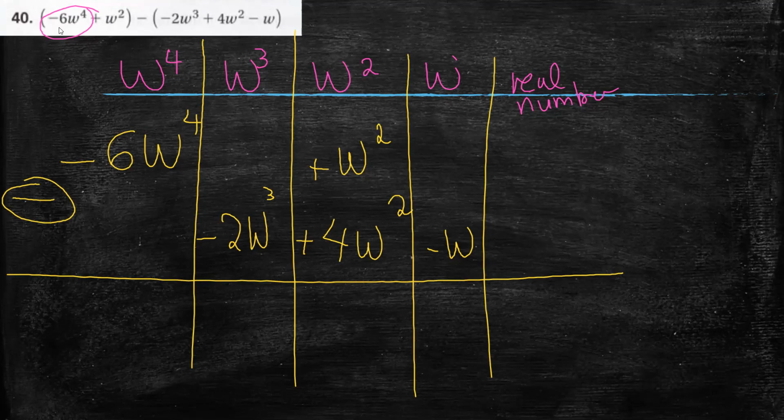It changed everything, and it changed itself. So this minus sign here, as we said, changes the sign of the second polynomial. After it changes the sign of the second polynomial, it changes the sign of itself.